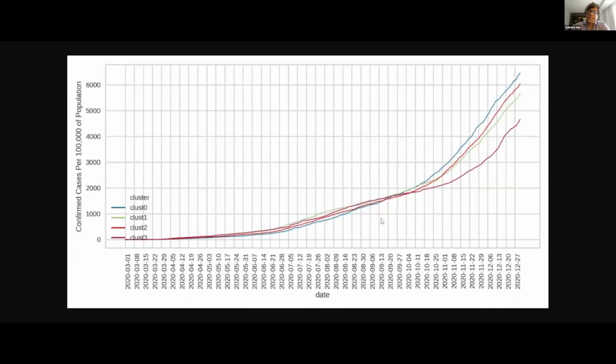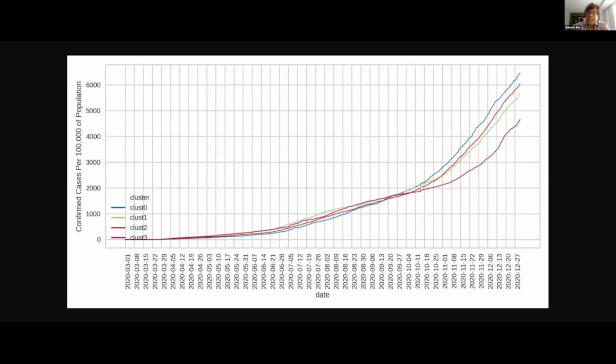So what you'll notice is that when you keep focusing on the clusters, the cases, here are daily cases, and they move quite similarly till about October of 2020.